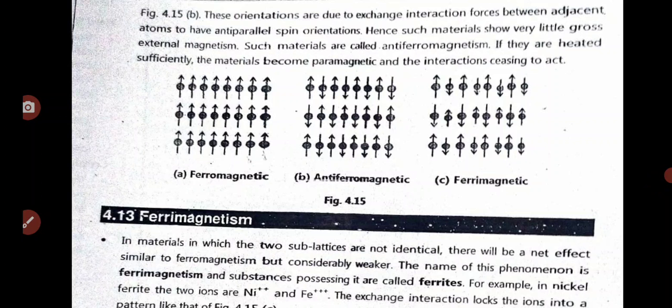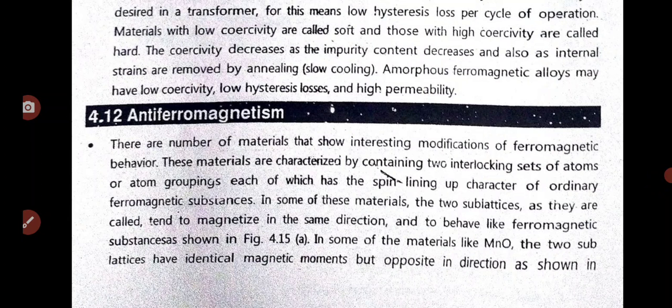So we see here that the two sublattices are oriented in the upward direction, in the same direction. That type of material, seen in figure A, is considered the ferromagnetic material.